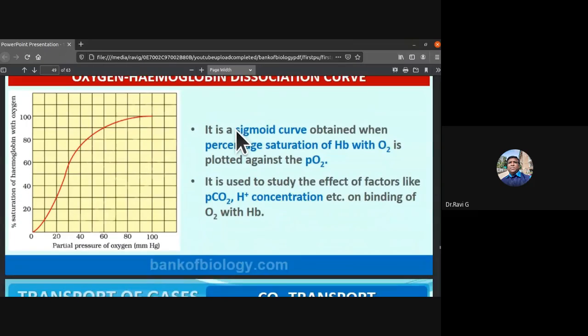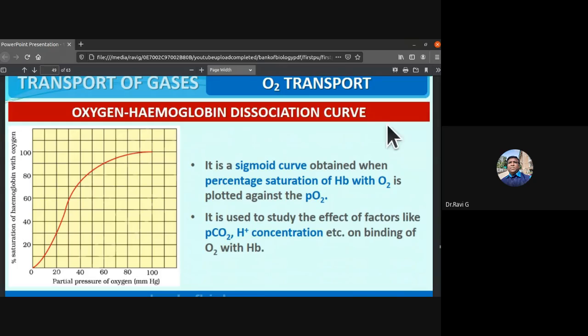If you plot this oxygen hemoglobin dissociation curve on a graph, you get a sigmoid curve. A sigmoid curve is obtained when percentage saturation of hemoglobin is plotted against the partial pressure of oxygen.